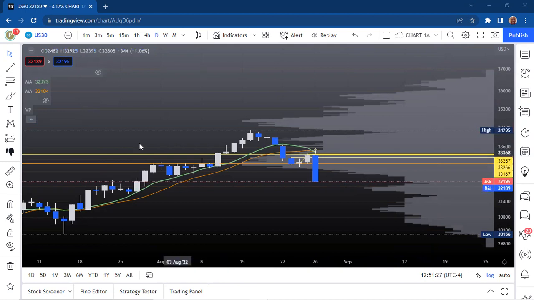Okay, so that's the daily. And as you can see, you have a downward trend happening here, with this huge bearish engulfing, which looked like a shooting star on the monthly, right? So we already know that it's bearish.